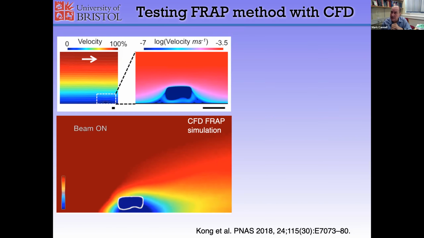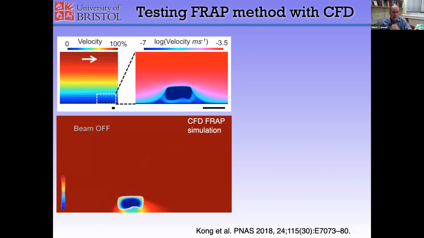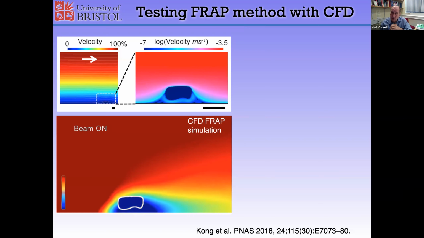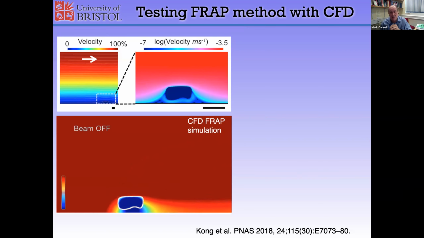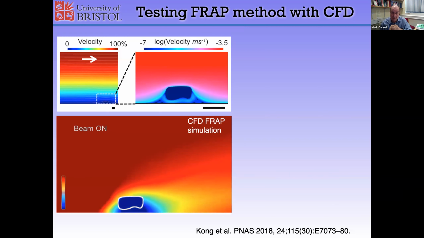So when we couple that with fluorescence recovery after photobleaching, which we're showing here simulated at the bottom left, we can photolyze the dye and see the dye concentration fall, but it doesn't fall uniformly around the cell. And this, we believe, will affect the signals that we see. So we may not be able to measure so easily exactly how solutes are moving with this type of experiment.